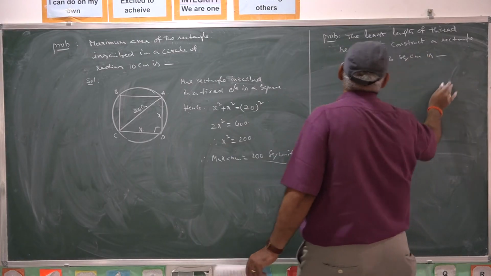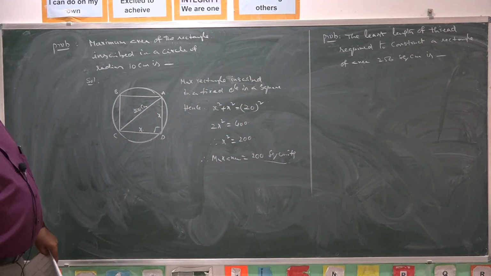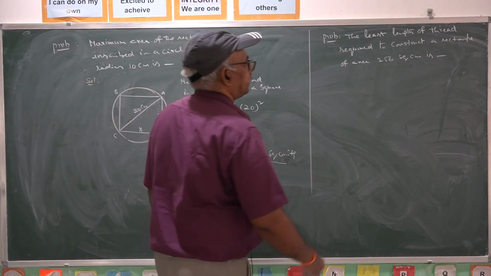This is the least length of the thread required to construct a rectangle of area 256 square centimeters.